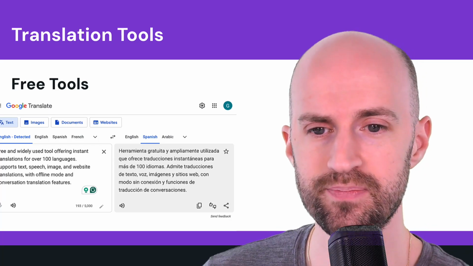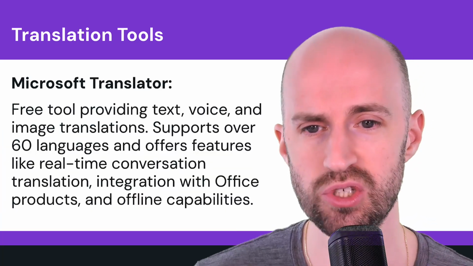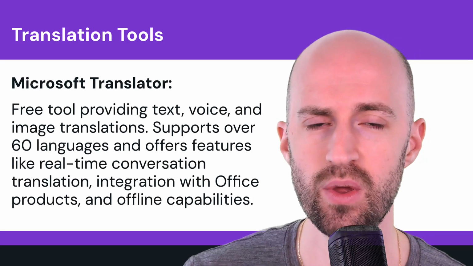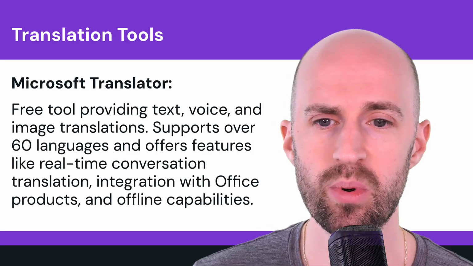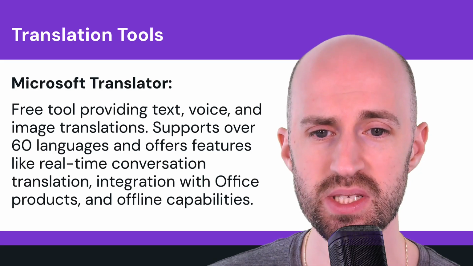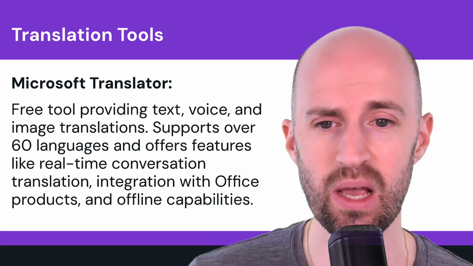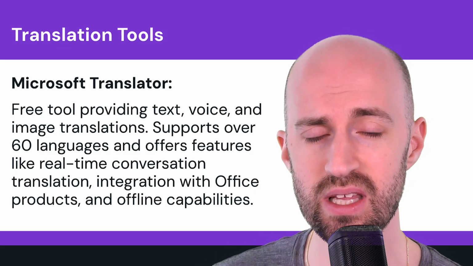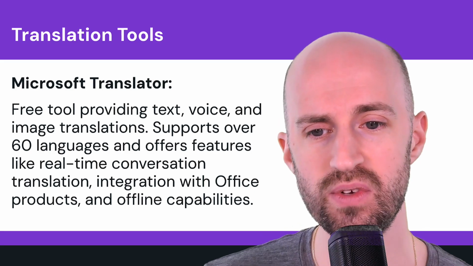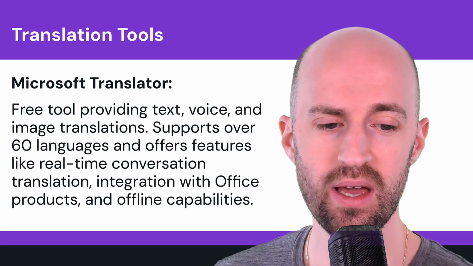Then we have Microsoft Translator, if you're more of a Microsoft platform user. This free tool provides text, voice, and image translations and supports over 60 languages, and also offers features like real-time conversation translation, integration with Office products, and offline capability.